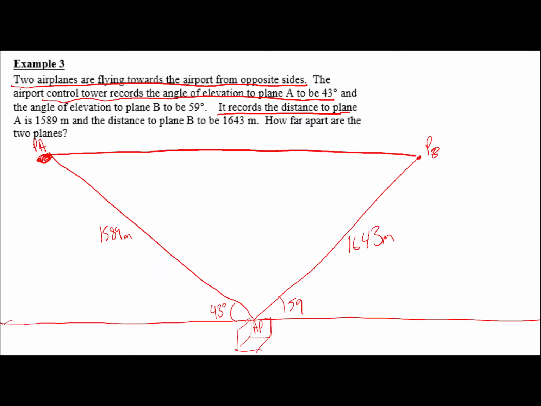Well, first we're going to assume that they're at the same level from the ground. There are a few ways to do it. First of all, we have to determine what this angle is, and that's equal to 180 minus 43 minus 59.